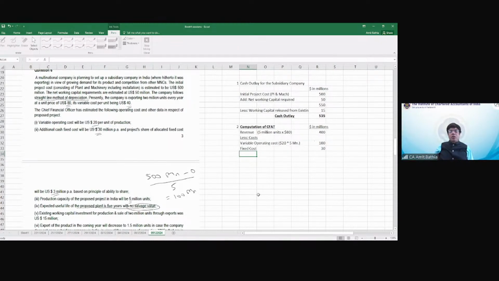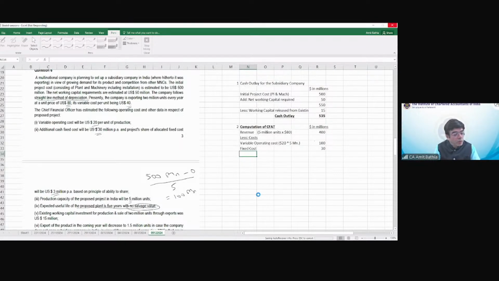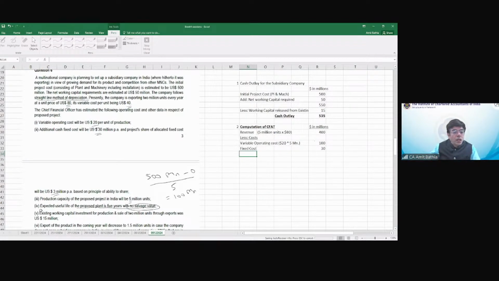So is it really a direct cost as of now? That is only an apportionment, and not the actual cost of my Indian unit. So I am not going to factor that in at this particular moment. Any other cost which is there? Expected useful life of the project is 5 years. So, oh yes, depreciation. I have to calculate depreciation.